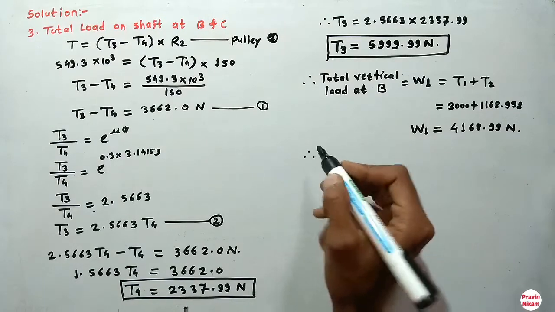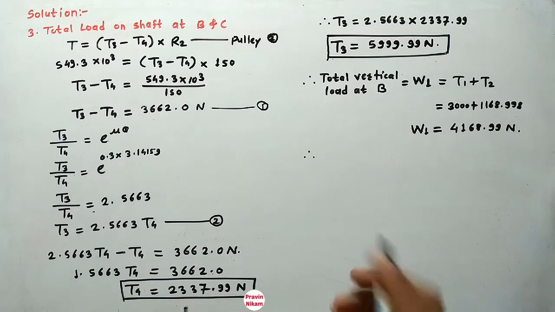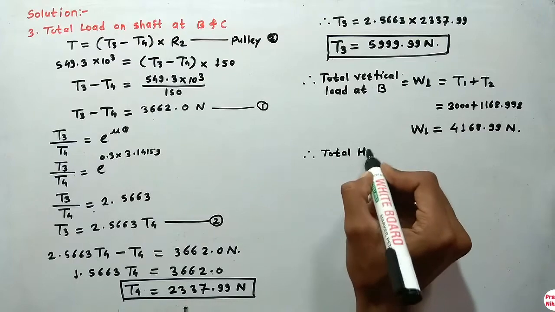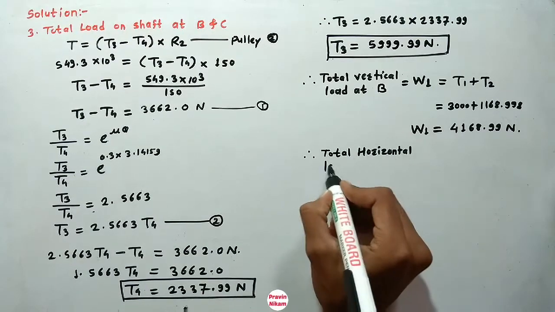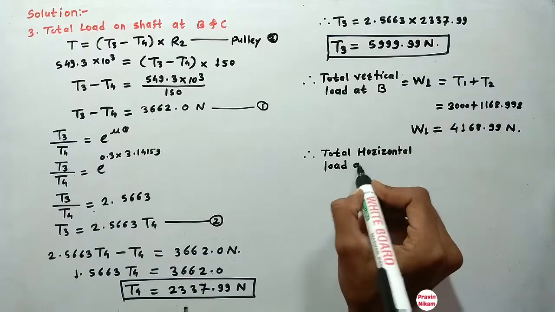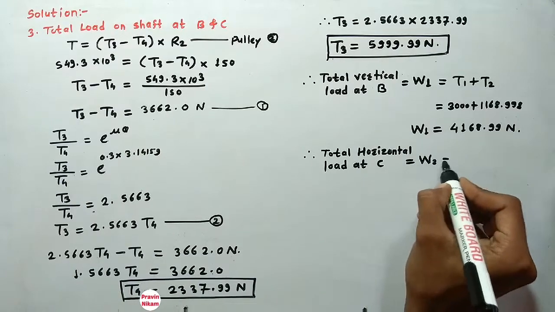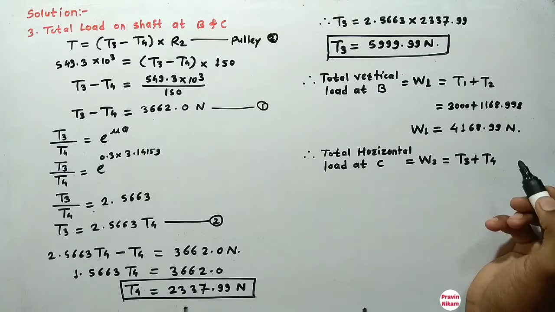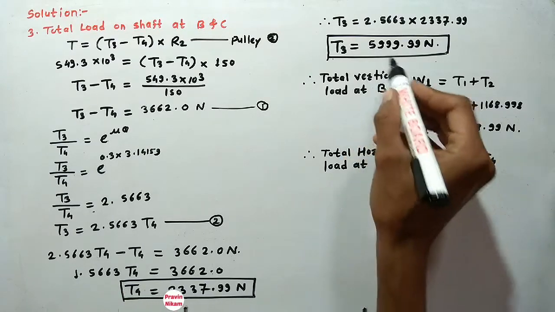Now you know that pulley C carries horizontal belts. So total horizontal load at point C. Let us assume W2. So W2 is equal to T3 plus T4. So put the values of T3 and T4.